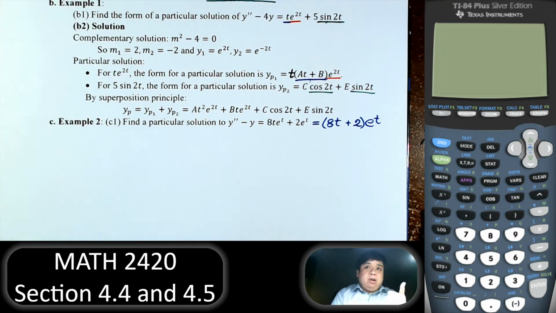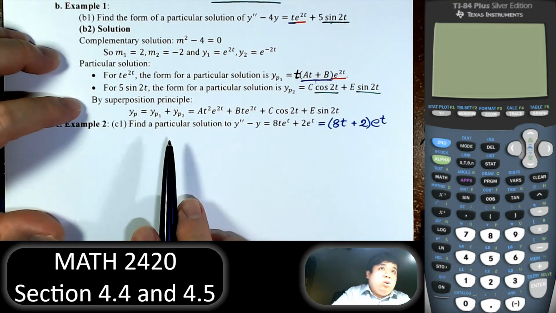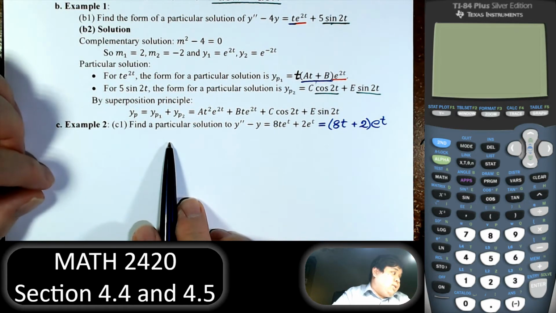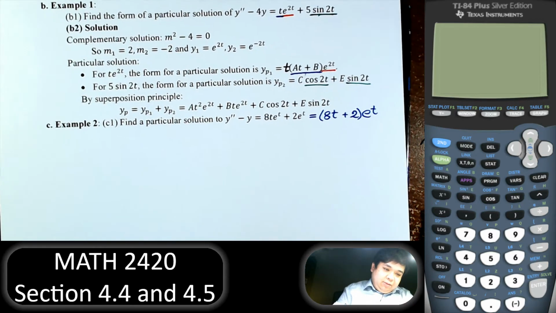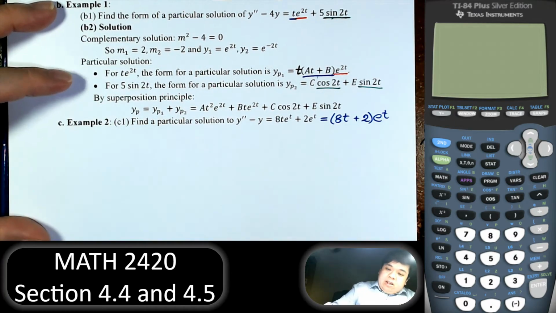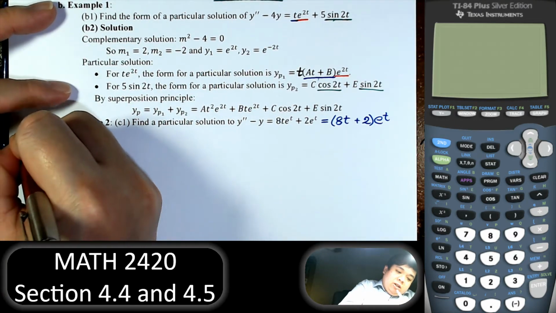First one, complementary solution. Even though the question only asks us for particular solution, we still need to find the complementary solution first.